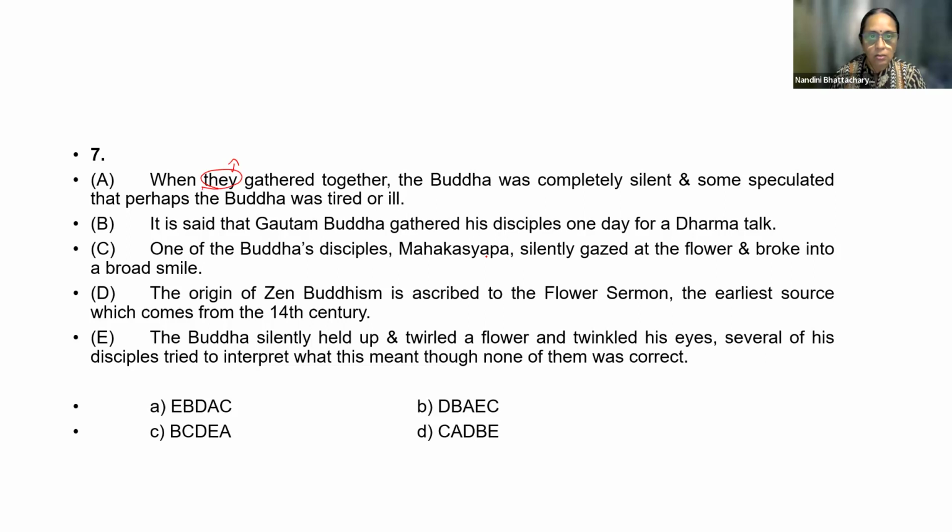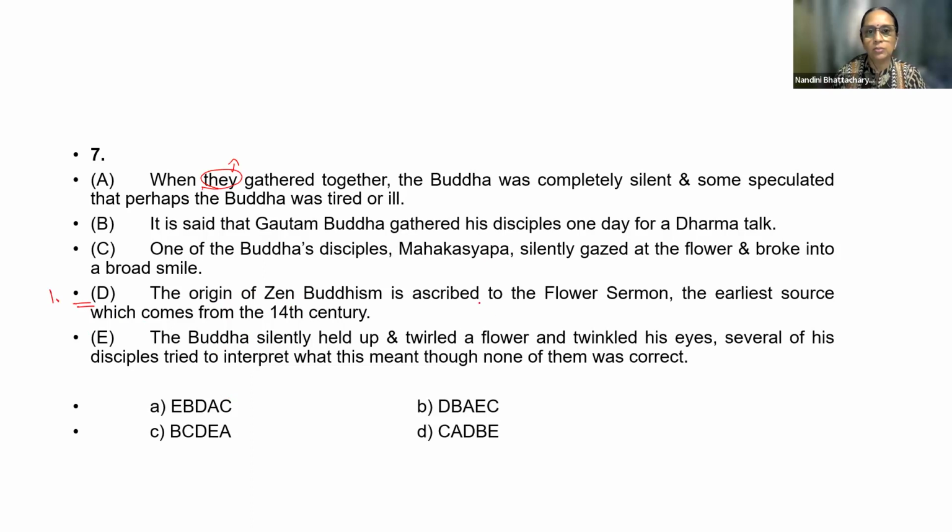So it's talking about a flower sermon. So what is the main topic of this sentence? Something that introduces the topic should be your first sentence. So what introduces? Yes, Shashwat? D. D introduces. Avni, what do you think? D introduces. So D comes first.